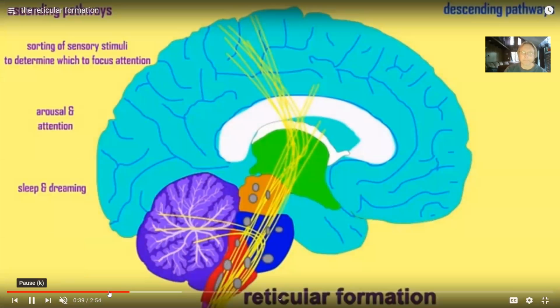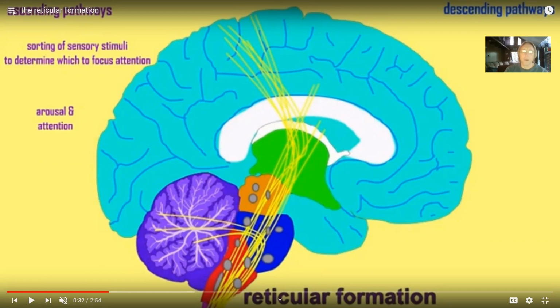Now, I'll consider the medulla, the pons, and the reticular formation separately, but let's look at them collectively for right now.